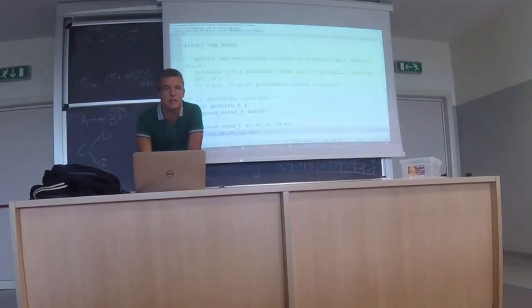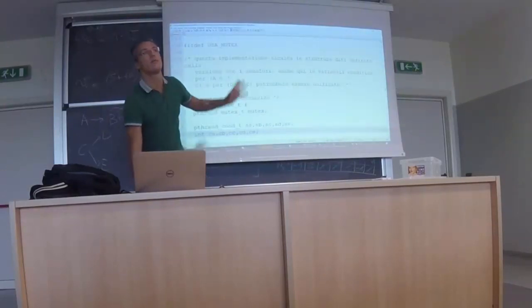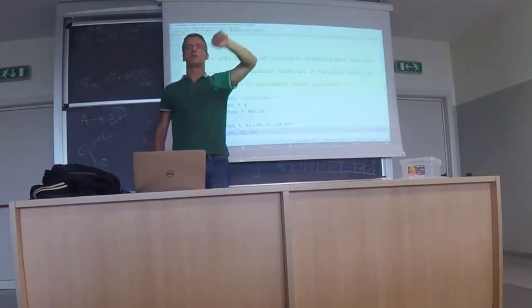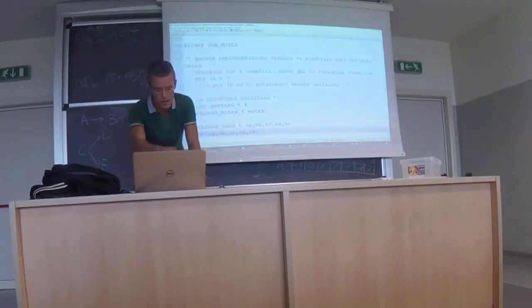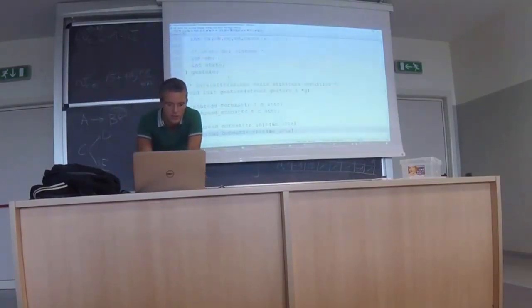There is an alternative synchronization primitive called condition variable, which is similar to the concept of monitors. It's an alternative solution to the semaphore solution. This is the same program solved with condition variables.